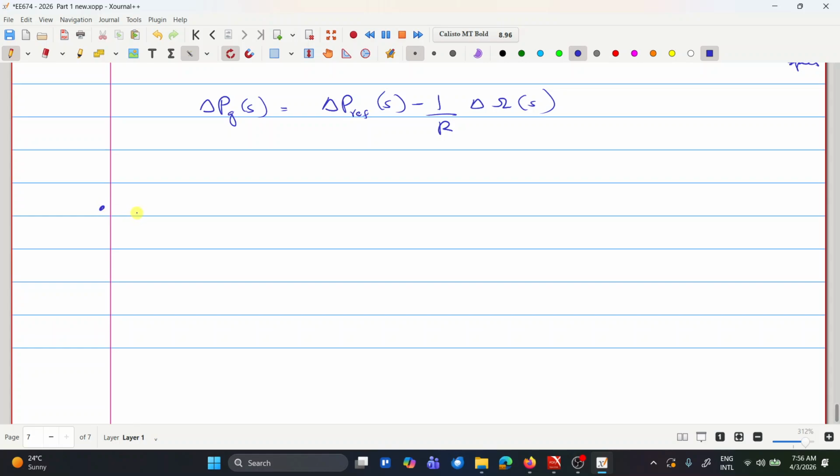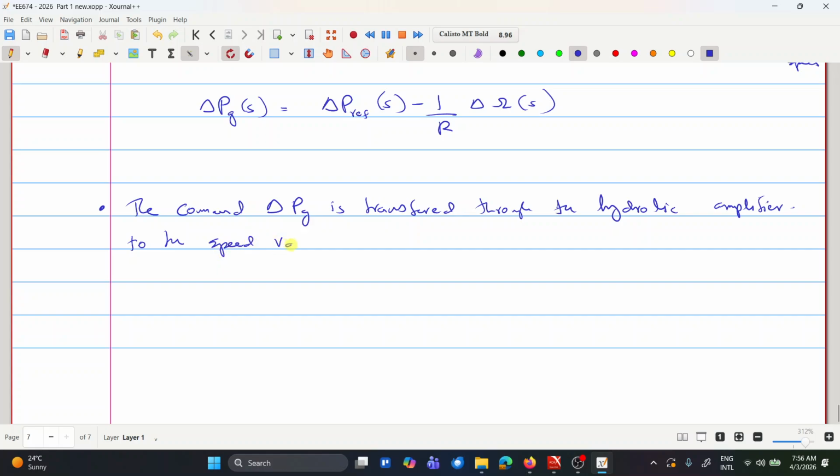So in order to achieve the speed valve position control, the command delta Pg is transferred through the hydraulic amplifier, okay, to the speed valve to determine the speed valve position command.